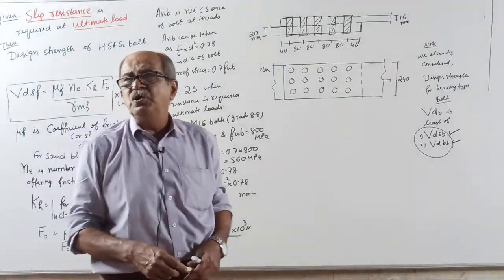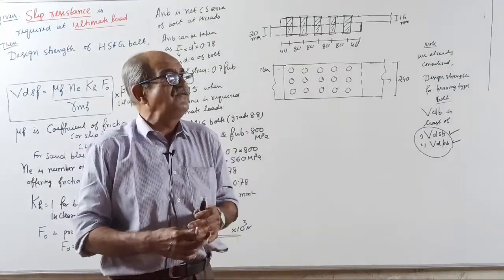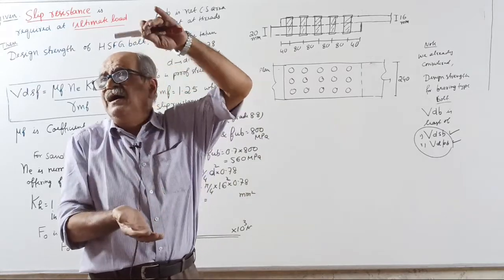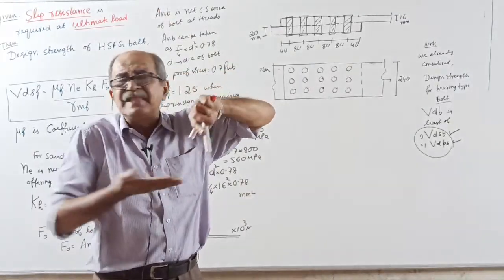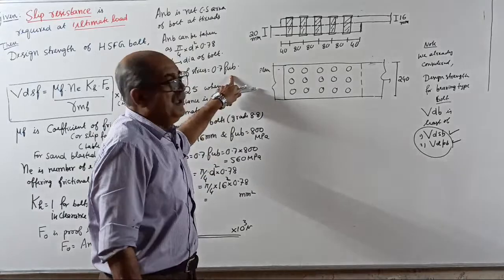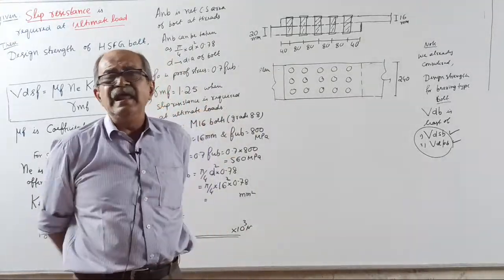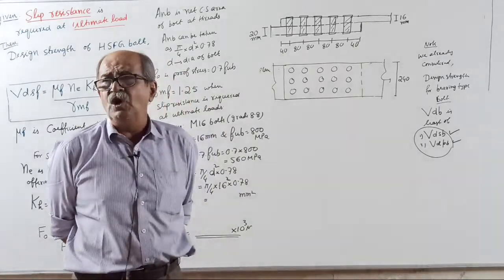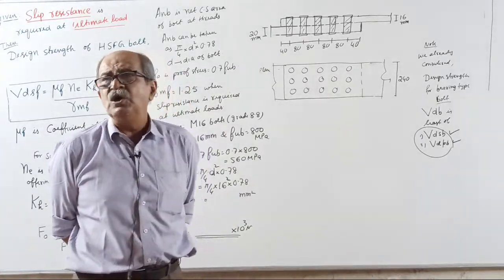Here we have to use bolts of higher grade because a part of the F naught will prevent the sliding. Earlier, popular in India, we are using bolts of grade 4.6, FUB equal to 400.